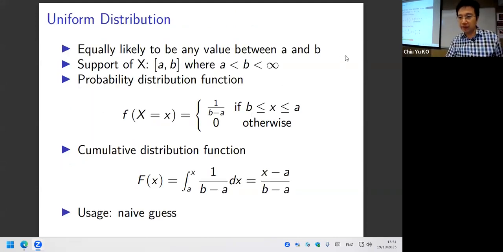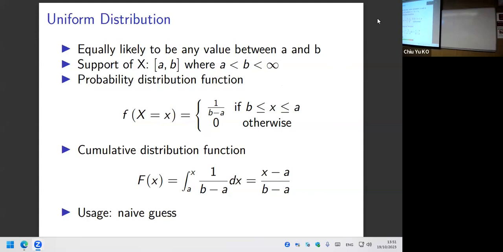So to illustrate the concept again, uniform between A and B usually means that any number between A and B is equally likely. Later we see why this f is a constant. It's a flat one, because uniform means any number in between is equally likely.